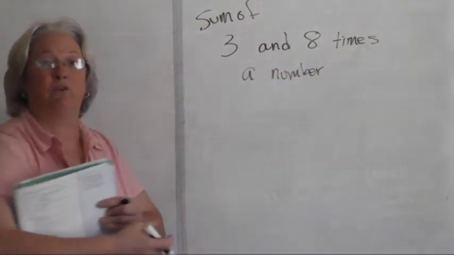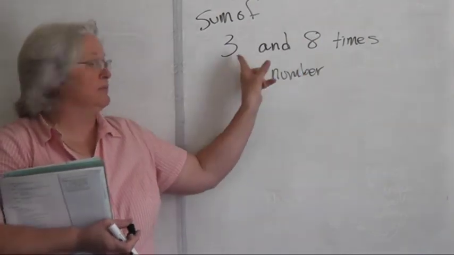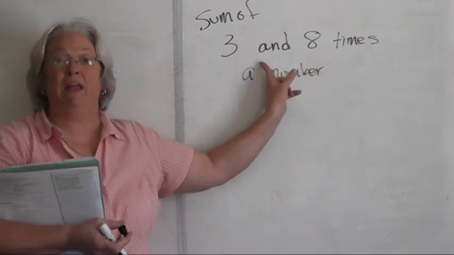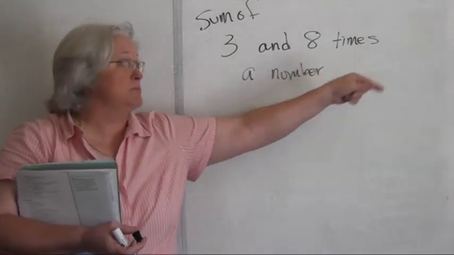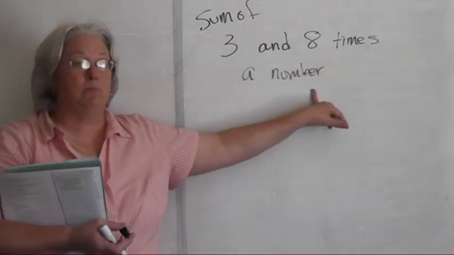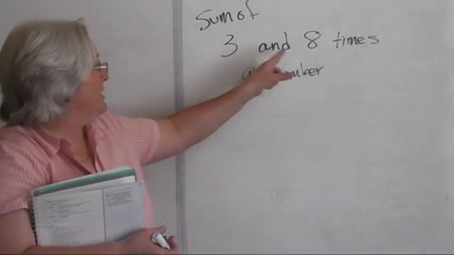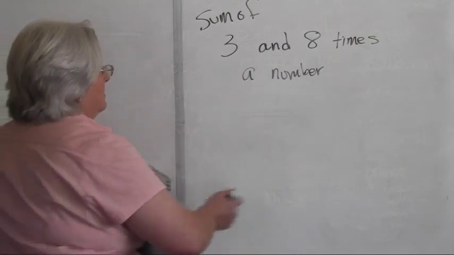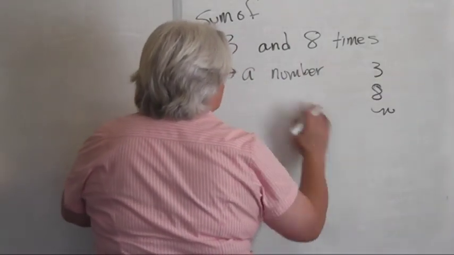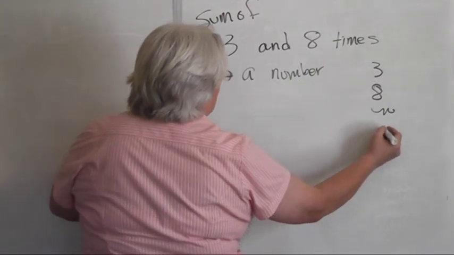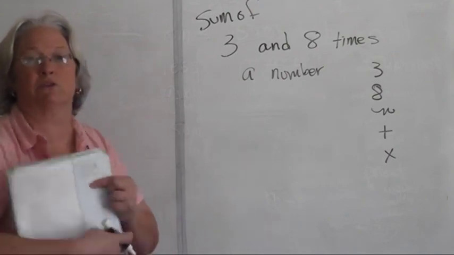Okay, well, let's see what we have going on here. Several things going on. We have two written out numbers, 3 and 8. We have and, which indicates addition. We have times, which indicates multiplication. We have a number, which indicates our variable. So we have 3, 8, n, which I'm going to call the number. We have and, and we have times, which is multiplication.